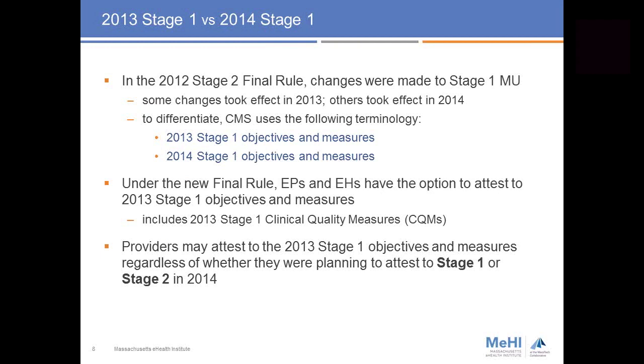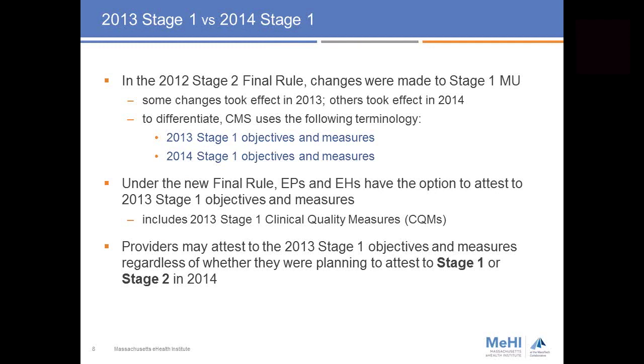The rules that take effect in 2014, requiring the use of a 2014 edition certified EHR, are called the 2014 Stage 1 Objectives and Measures. So keep that in mind, because I know there's a lot of lingo and technology terms and everything here that makes it complicated, but it's important to recognize which Stage 1 objectives and measures are of relevance to you.